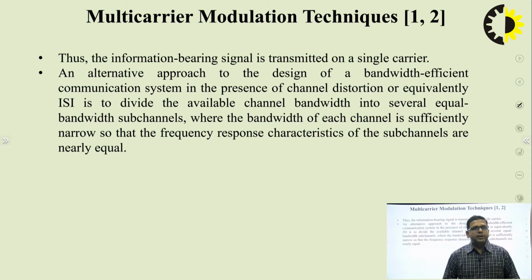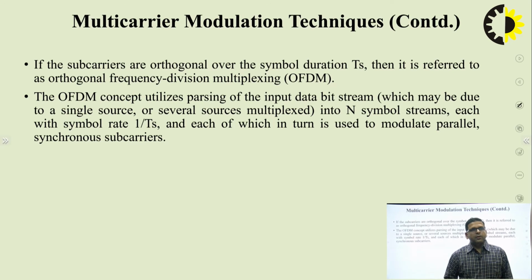To avoid inter-symbol interference, we use different narrow frequency subcarriers which are orthogonal to each other, and utilizing these orthogonal carriers, we can avoid inter-symbol interference. If these subcarriers are orthogonal over the symbol duration, then this process is known as orthogonal frequency division multiplexing.